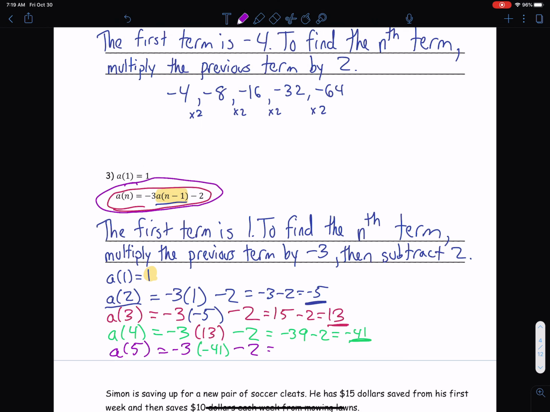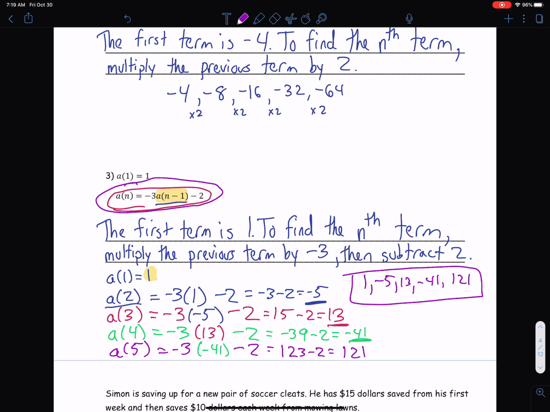Negative 3 times negative 41, feel free to put that in the calculator, is 123, minus 2. So that would be 121. So the first 5 terms would be 1, negative 5, 13, negative 41, and 121.